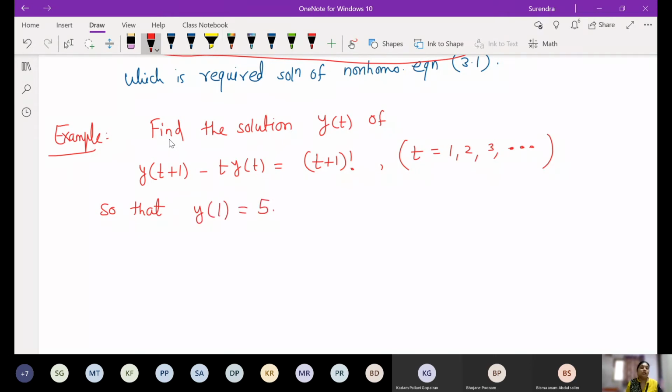The initial value is also given, so we can find the arbitrary constant also here.